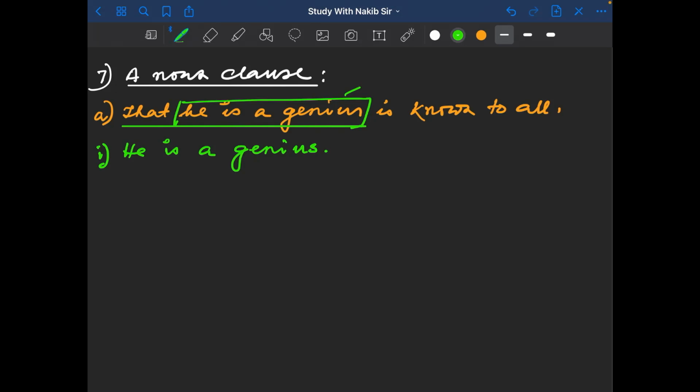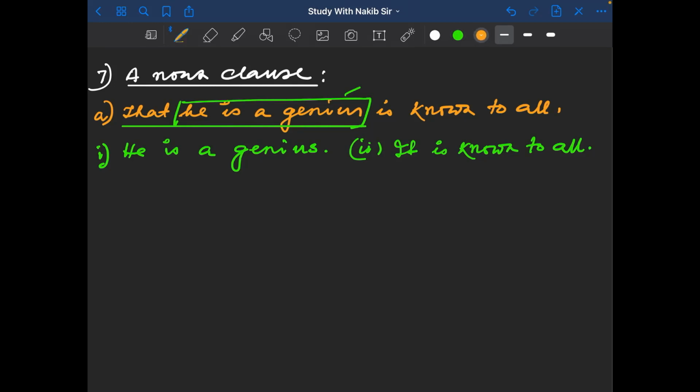This part is now blank, and in the blank space use it, and you will get it is known to all. So from the given sentence, that he is a genius is known to all, you have got two small sentences. Number one, he is a genius, and number two, it is known to all.